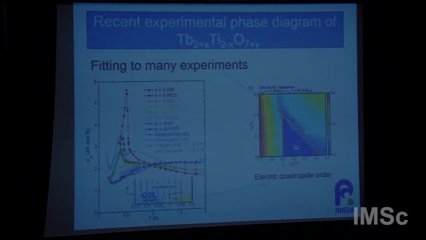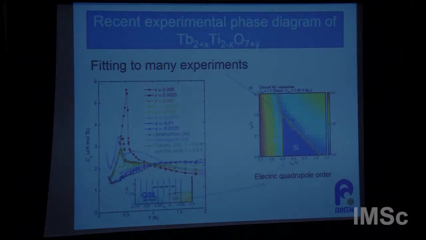Sometimes it's a powder, but this could also be a phase diagram for the single crystals. And they also compared the single crystal results and the powder results, and the consistency is really good between the two.